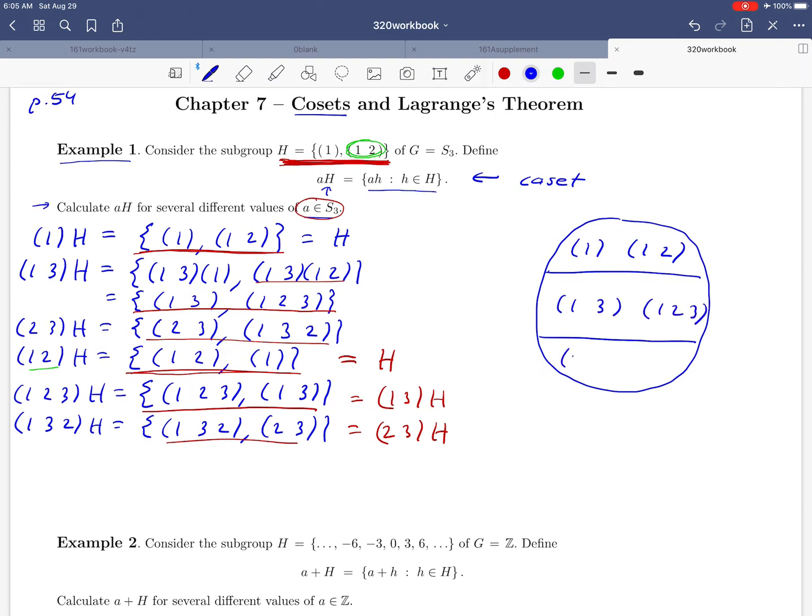And the third one contained (2 3) and (1 3 2). Those are our 3 cosets. Notice that they form a partition of S3. This diagram contains all elements of S3, but broken down into these 3 cosets that we found. So the sets partition S3. And we're going to see in future examples that this partitioning behavior is true of all cosets.